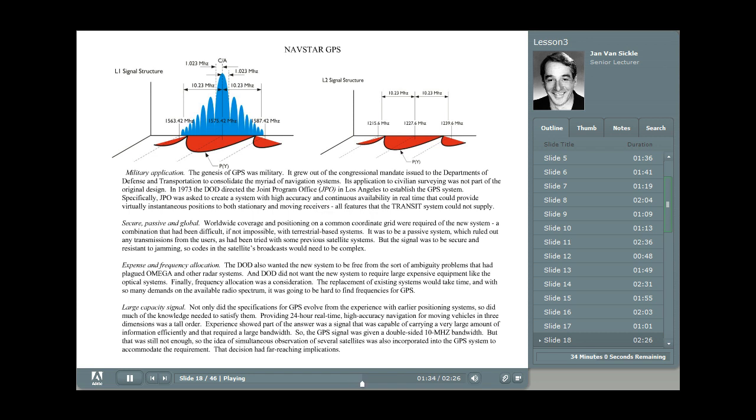Also, as you see in these diagrams, it was necessary that the signal be resistant to jamming. And so therefore the GPS carriers are spread spectrum, meaning that they occupy more width, if you will, more bandwidth than they minimally would need. This makes them more secure to jamming and spoofing.